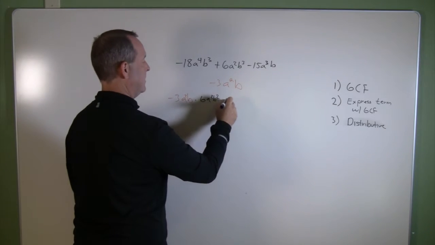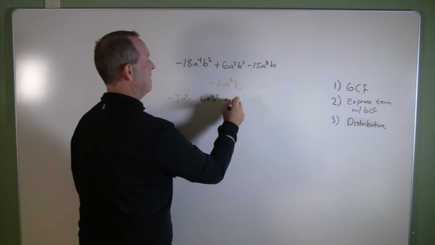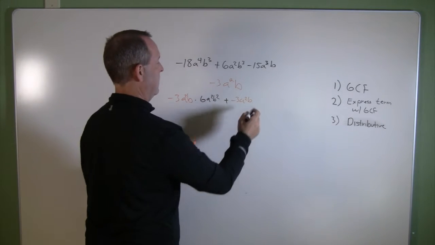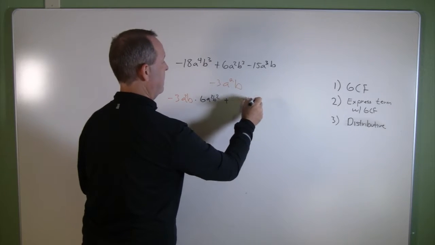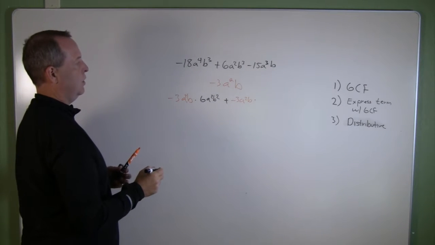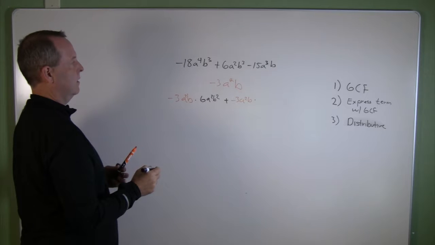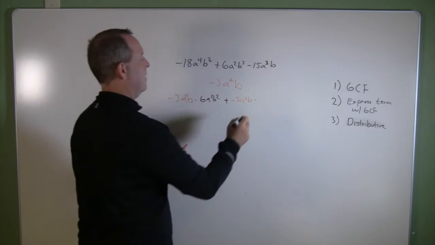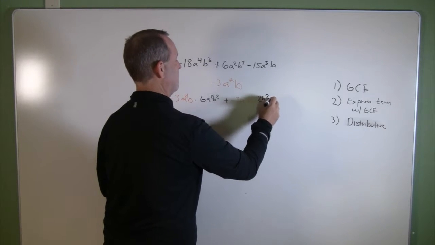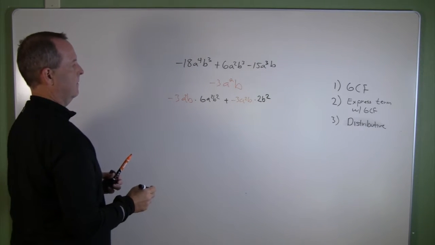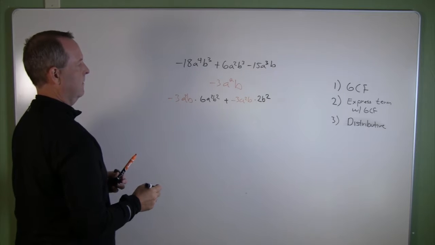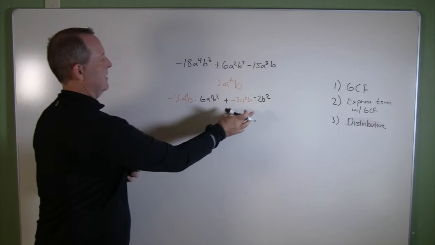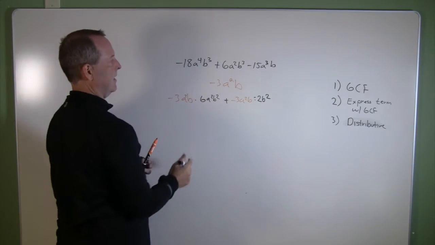Then I have a plus, I'm going to factor out a negative 3a squared b, and I'm left with 2b squared. And I'm left with a negative 2b squared, because negative 3 times negative 2 produces that 6.